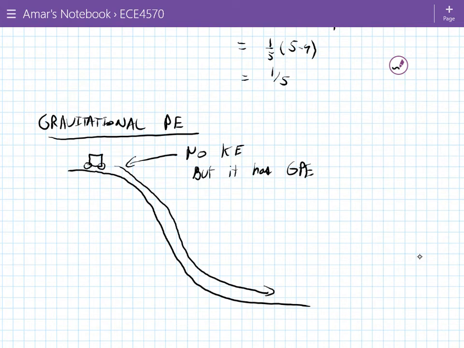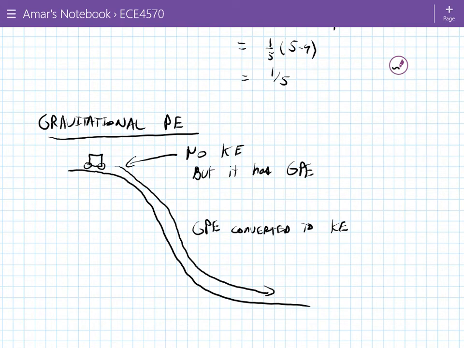All right, as this thing is going down the hill, the gravitational potential energy is converted to kinetic energy. So when it starts moving down the hill, there's a lot of gravitational potential energy. The amount of gravitational potential energy goes down the further you go down the hill, but the amount of kinetic energy increases as the car accelerates as it's going down, right?